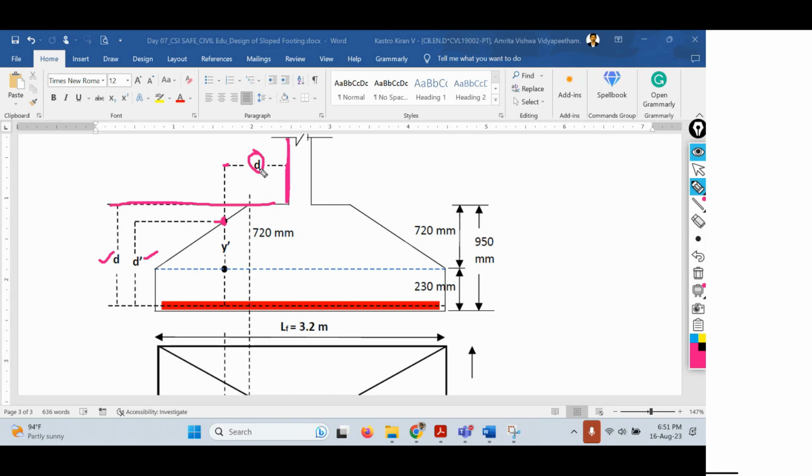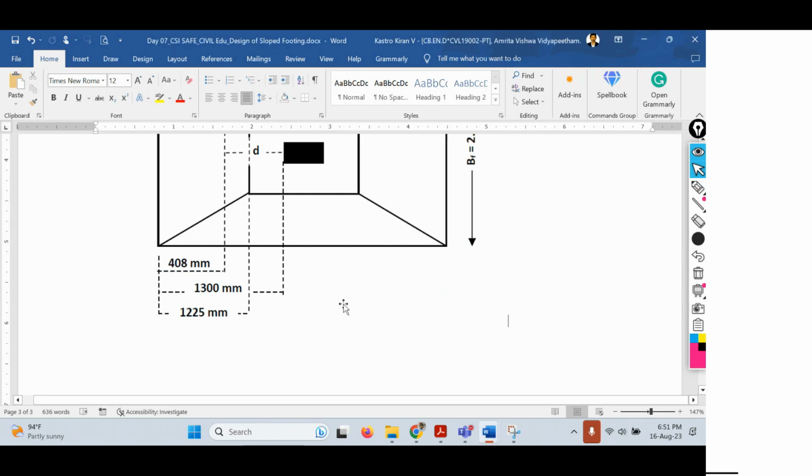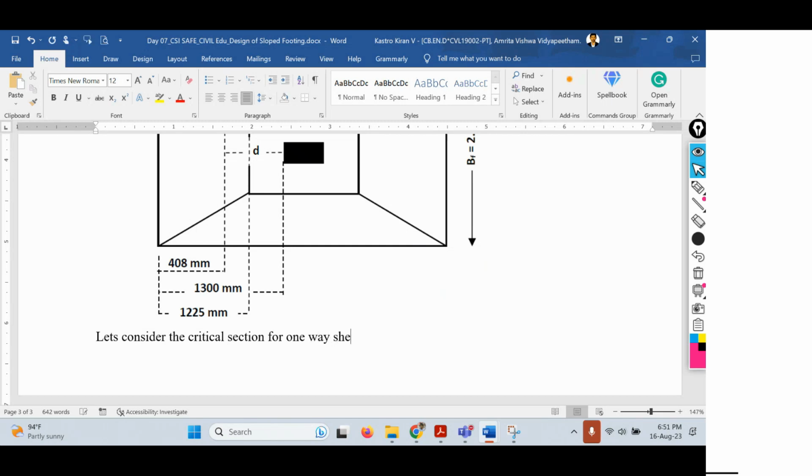Let's consider the critical section for one-way shear at a distance d from the face of the column on all sides.